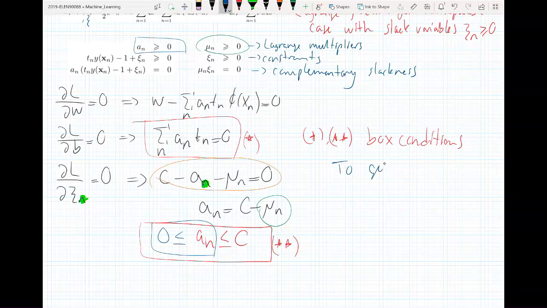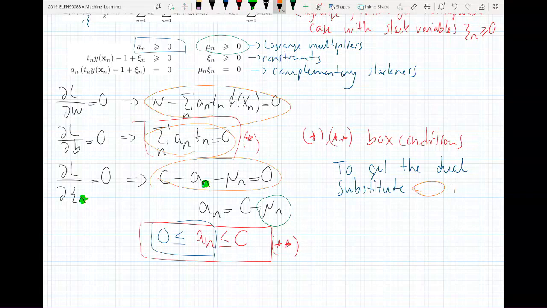To get the dual, substitute the orange things, so 1, 2, and 3 orange, into the Lagrangian.